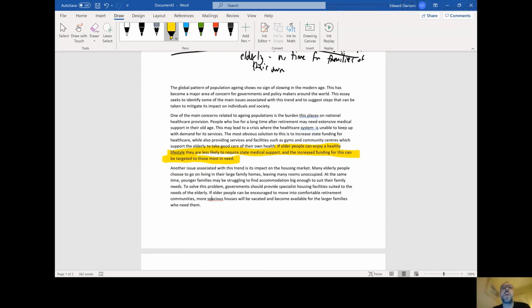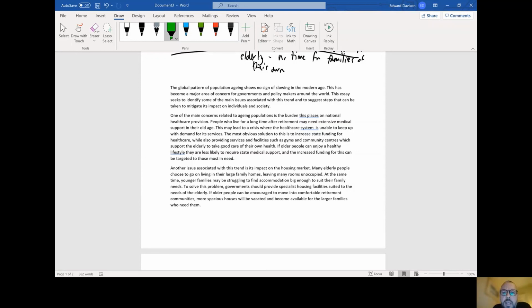It's not very, very advanced, but when they talk about using complex structures, it's mixing up your tenses effectively. It's using the passive voice where necessary, using conditionals as we've done here. And remember, in a problems and solutions essay, you can almost always use a conditional when you summarize what your solutions are. What about words or phrases that are standing out and earning me points for lexical resource?